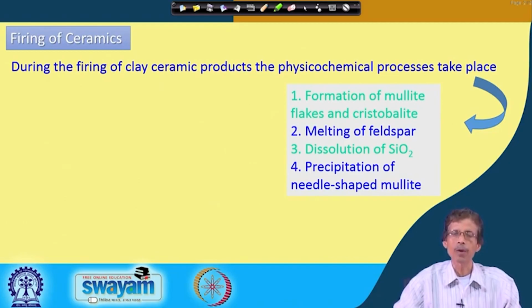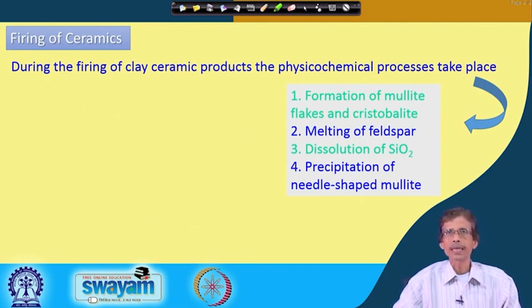Then, as we have seen, the feldspar is basically the flux material. So the melting of the feldspar can also take place, and the molten feldspar takes in all the other material, such that at very high temperature you get a uniform slurry material, and that slurry material is then subjected to your firing process.